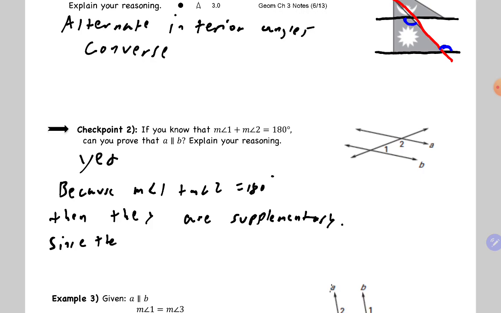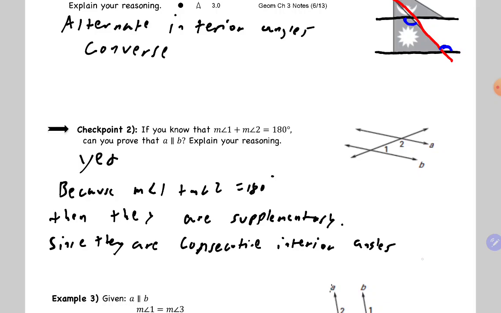Since they are consecutive interior angles, so because measure of angle 1 plus measure of angle 2 is 180, the angles are supplementary.